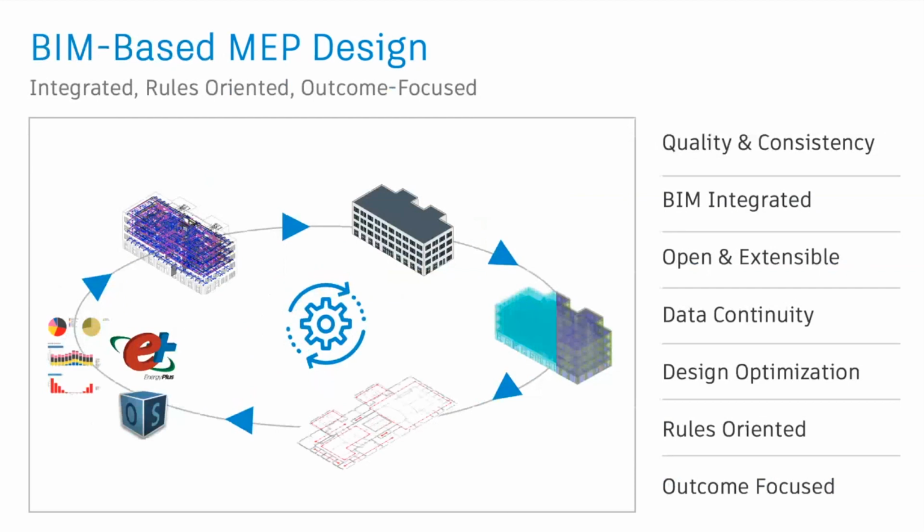As we move towards more integrated BIM processes, they also come with application programming interfaces. They're more open, more extensible, and therefore they have a number of benefits. Increased quality and consistency is one of them, but increasingly the focus is becoming more on outcomes, and outcome-driven design is being enabled by outcome-driven modeling and analysis.